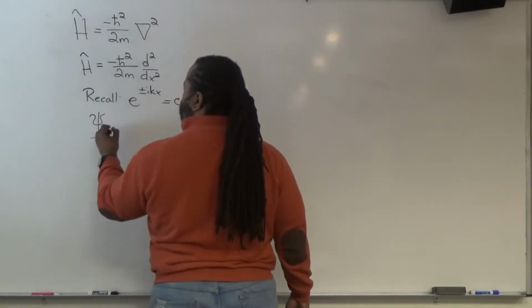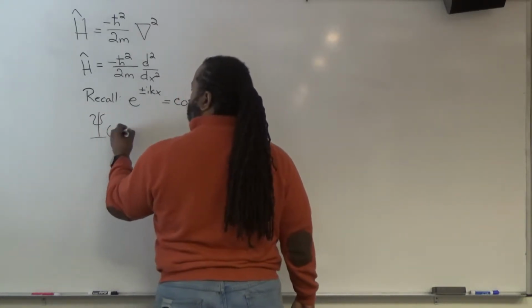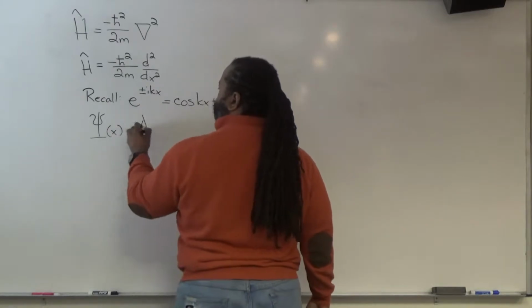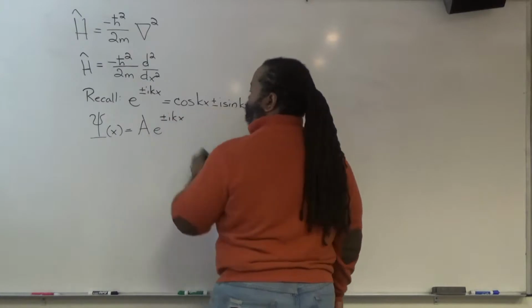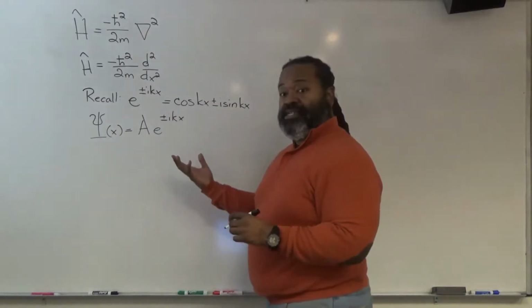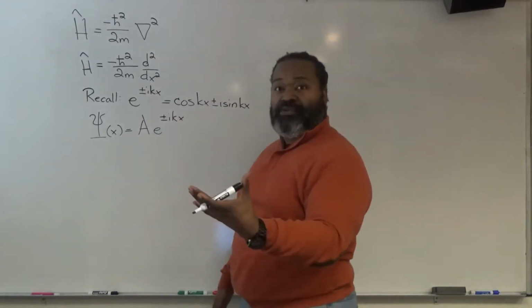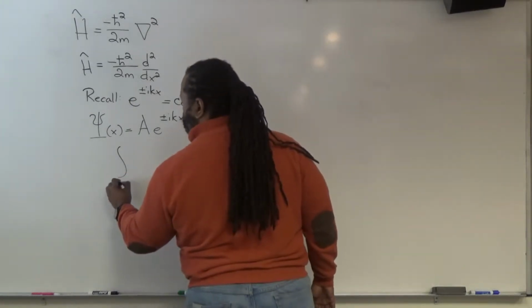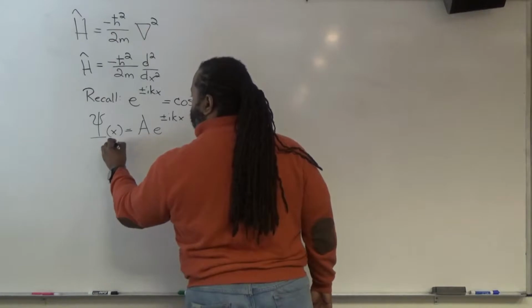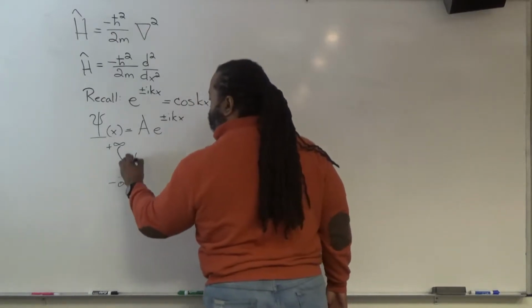So if we let this be our wave function, then we need to normalize it, at which point we set up our typical integral. It's an integral over all space, in this case literally from minus infinity to plus infinity.